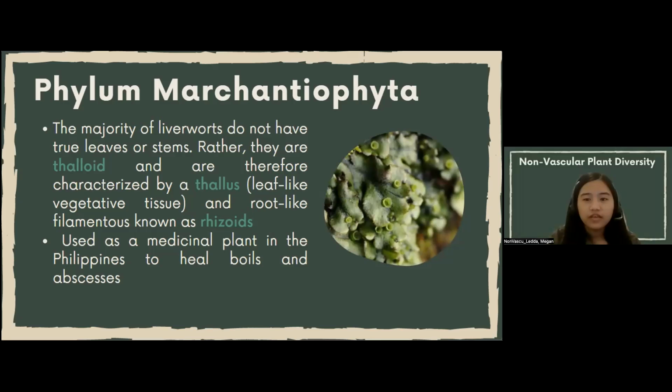Though they appear leafy, the majority of liverworts do not have true leaves or stems. Rather, they are thalloid, and are therefore characterized by a thallus, a leaf-like vegetative tissue, and root-like filaments known as rhizoids. The thallus part of the plant contains photosynthetic tissue, while the rhizoid attaches the plant to the substrate.